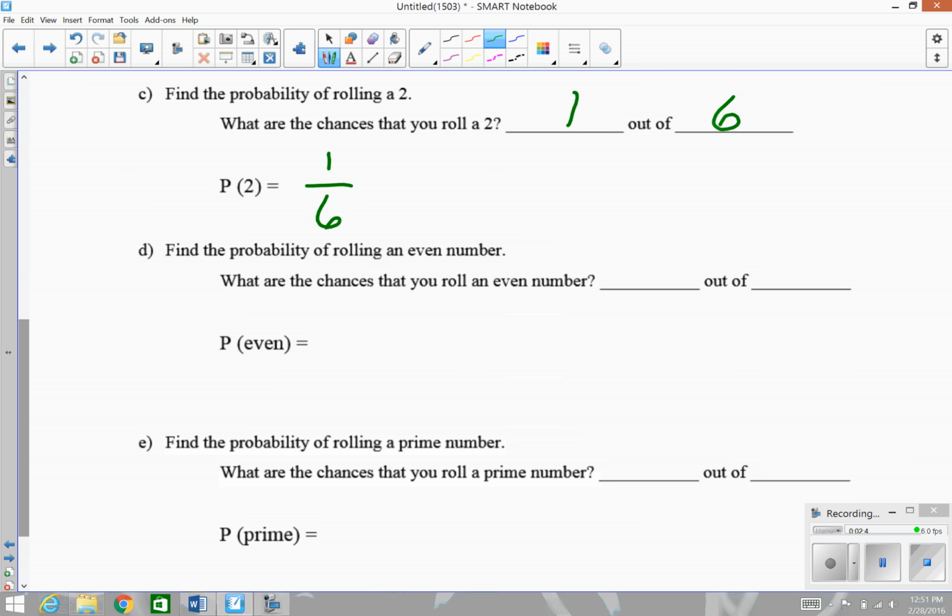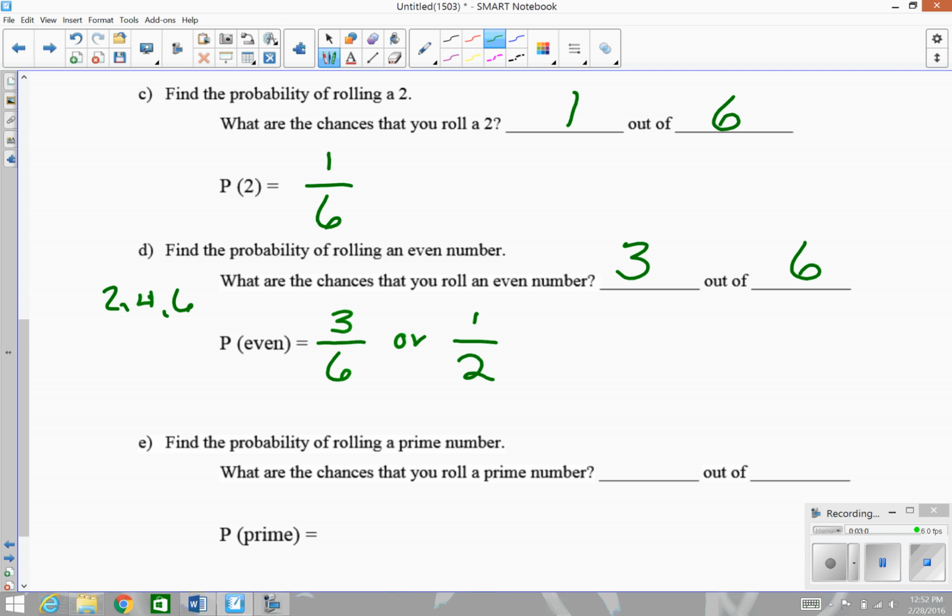An even number. What are the even numbers on a die? We have 2, 4, and 6. So that's 3 numbers out of the 6. So the probability of rolling an even is 3/6 or 1/2.